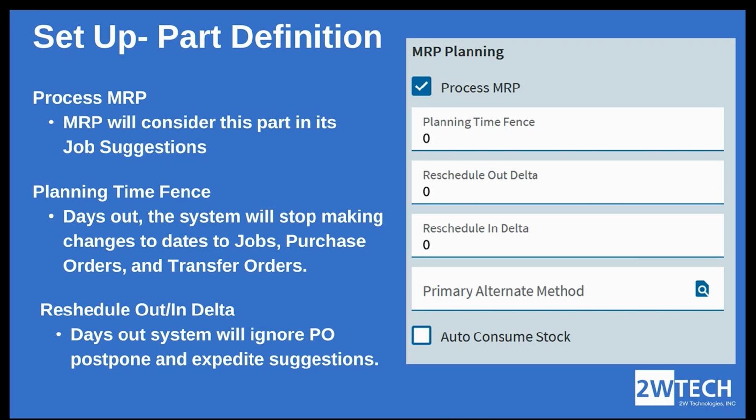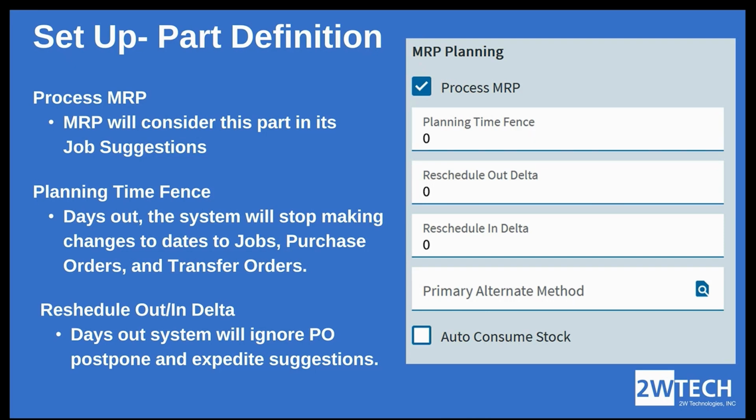Some customers are fine with certain assemblies or finished goods being suggested, where they may decide, well, these other types of parts, I do not want the MRP engine to be analyzing. We'll deal with those on an ad hoc basis. Your planning time fence is how many days out the system will stop making changes to your jobs.